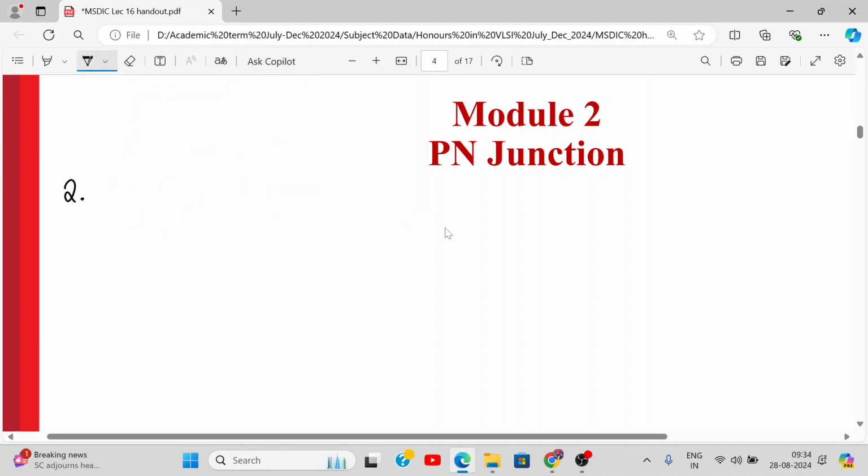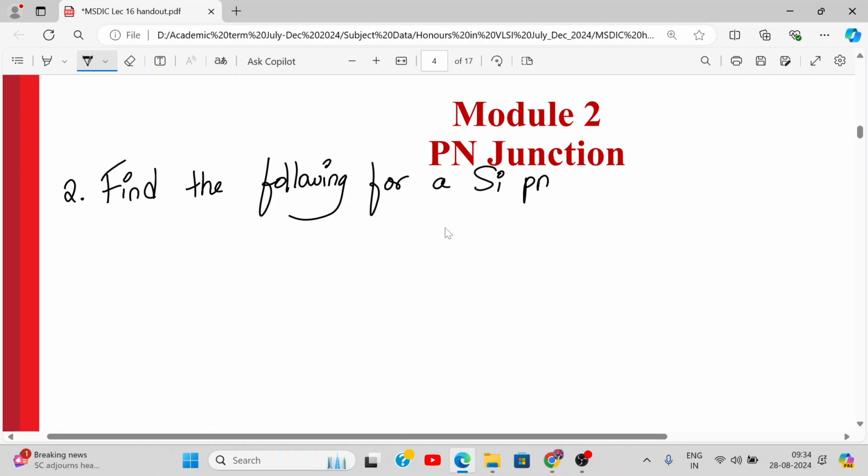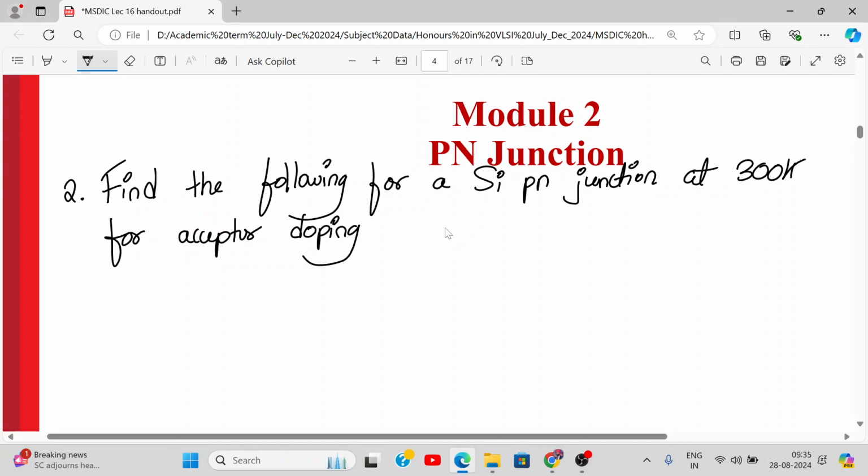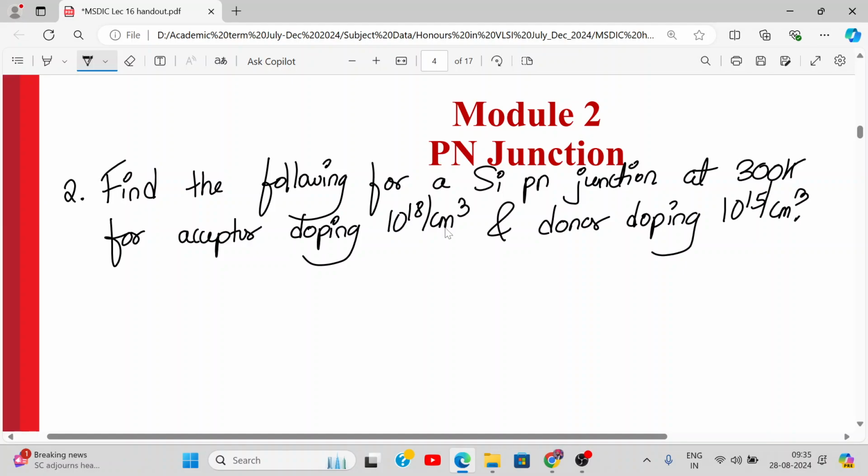Find the following for a silicon PN junction at 300 Kelvin for acceptor doping as 10 raised to 18 per centimeter cube and donor doping as 10 raised to 15. Comment on results obtained.